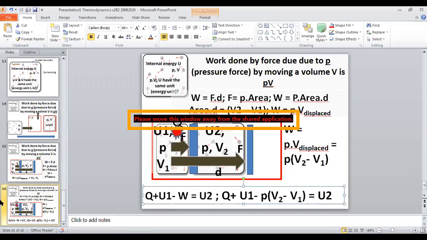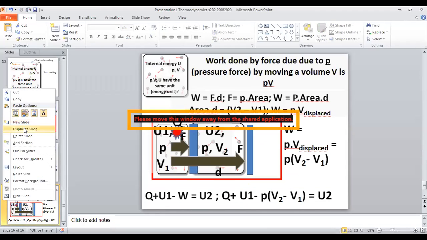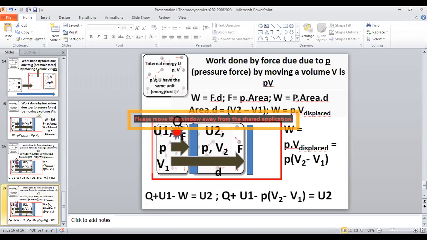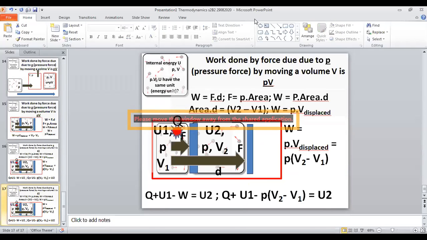I need to take some space here, so I will duplicate the slide.